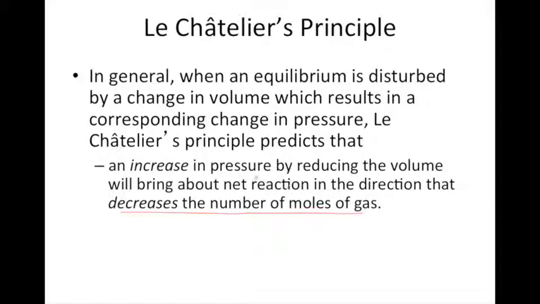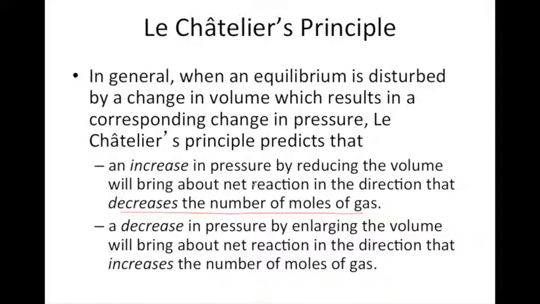So if we increase the pressure and therefore decrease the volume, the reaction will shift in a direction that decreases the total number of moles of gas. Conversely, if we decrease the pressure and therefore increase the volume, this will bring about the net reaction in the direction that increases the number of moles of gas. So which direction the reaction shifts depends on the number of moles of gas on the product and reactant side.